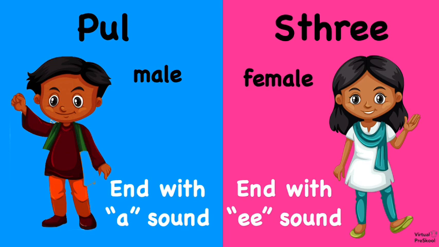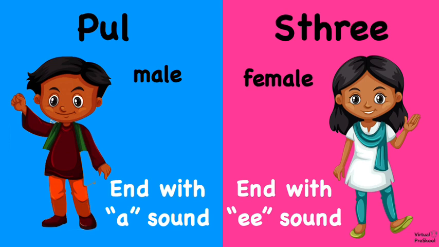Now that was a lot of information. I'm going to repeat it again. If the Hindi word for the noun ends with an a sound, it's a pull noun. If the Hindi word for the noun ends with an e sound, then it is a stri noun.